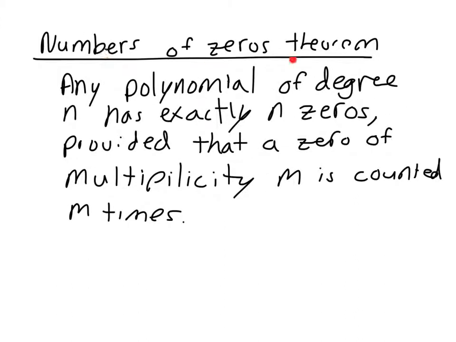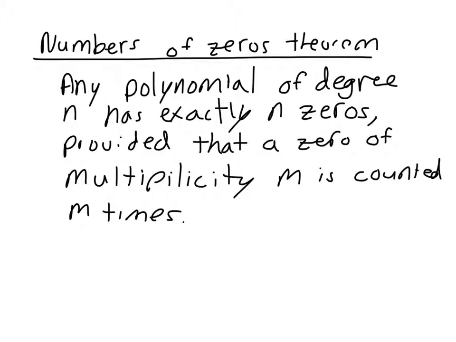So, the number of zeros theorem. The first one says that there is at least one zero, and this theorem says that any polynomial of degree n has exactly n zeros, provided that a zero of multiplicity n is counted n times.